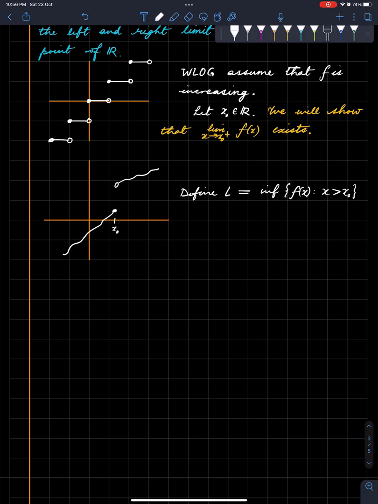Okay, so we claim that, we'll show that this limit, the right limit, is actually L. And now assume on the contrary. So here is really where the proof starts.